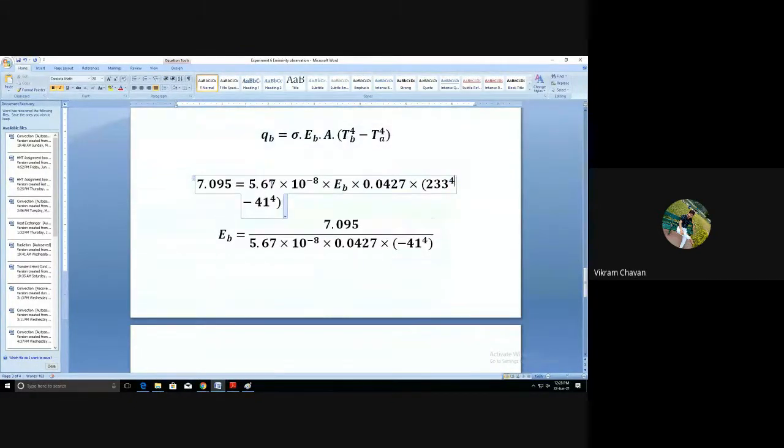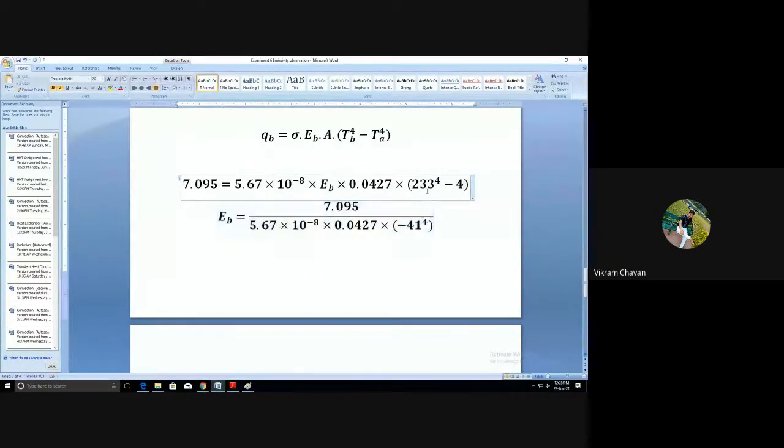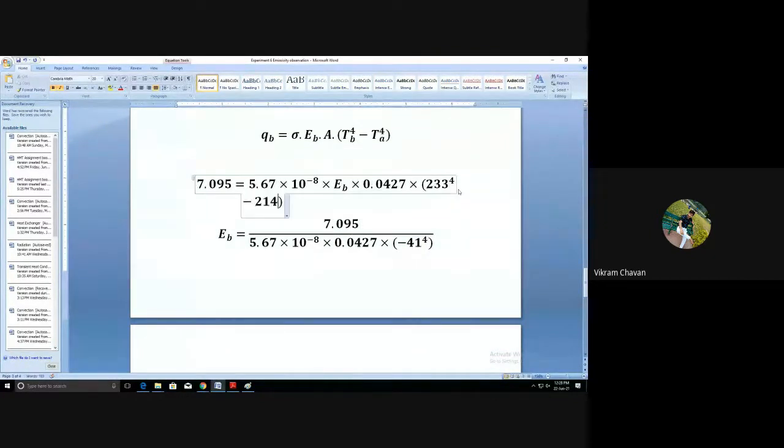And 41 plus 273, 314, raised to 4. The same you have to use for the calculation.